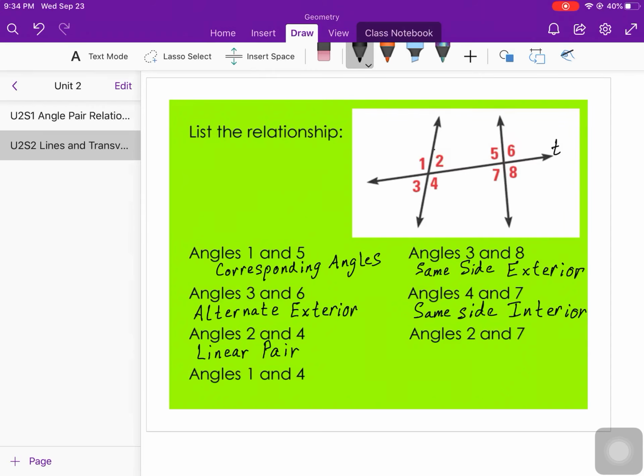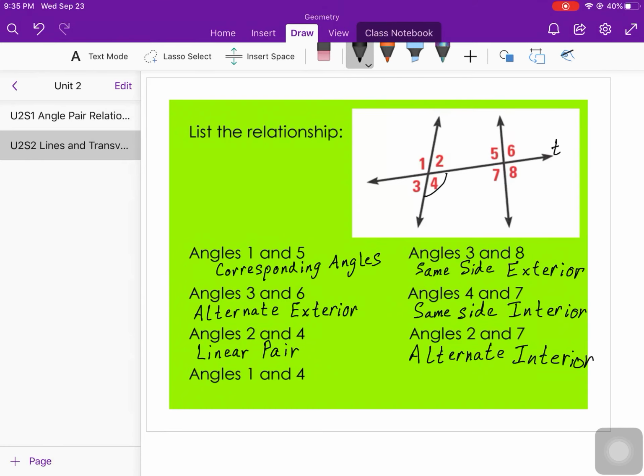Angles 2 and 7, so here's 2, here's 7. Those are on opposite sides of the transversal, so they're alternate something. And they are inside of our lines, so they are alternate interior. Lastly, we have angles 1 and 4.